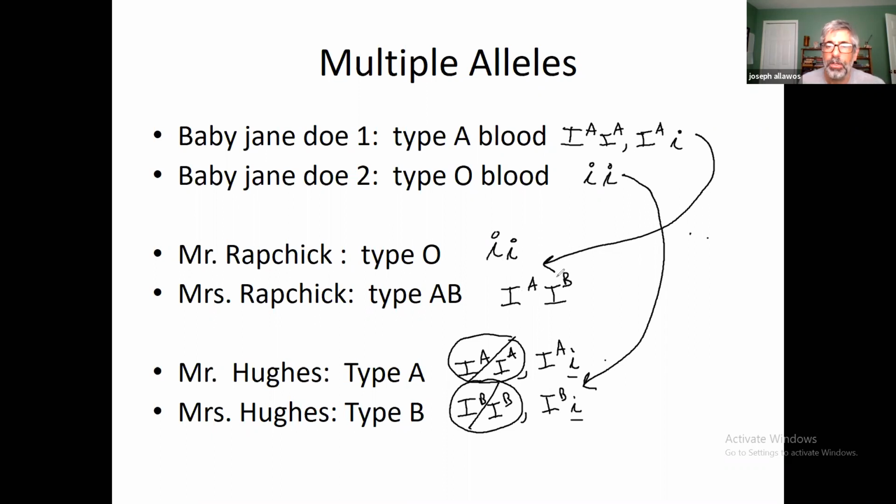So we know that the baby had to get a little i from Mr. Rapchick. And so that means that we can eliminate this homozygous dominant genotype. And so it just turned out that the baby got a little i from his dad or her dad, and an I to the A from her mom. Could have just as likely gotten an I to the B, but didn't. Okay, so there you go.